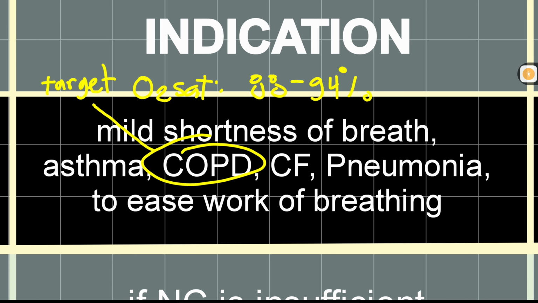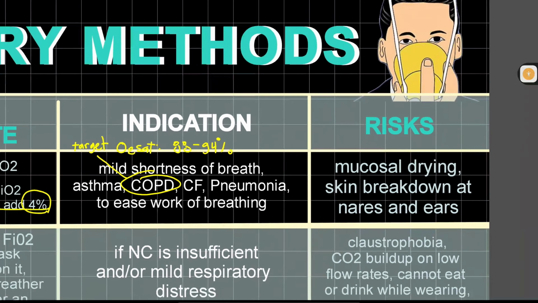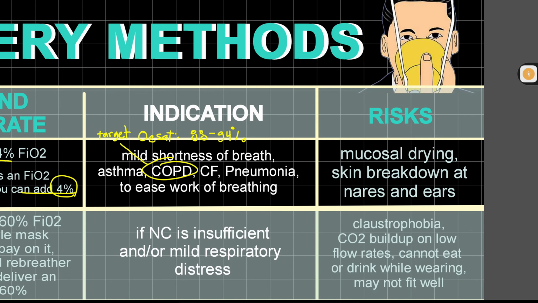Because lumalabas din to sa board exam itong tanong na to. Because you don't want oxygen retention in a patient who is considered to have COPD. All right? Kasi you want to make sure that there's an equal balance between the oxygen and the carbon dioxide, carbon dioxide being the number one stimulus for breathing.